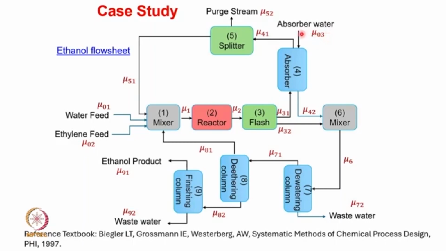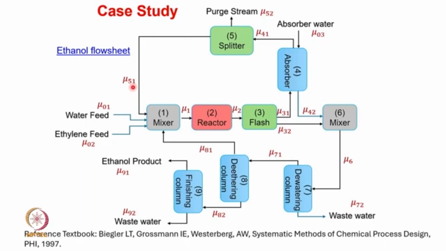The fresh water charged to the absorber unit has a molar flow rate of mu 03, and the vapor coming out from the absorber is then sent to the splitter unit, where some uncondensed gases and impurities are removed as a purge stream. The molar flow rate of that purge stream is mu 52, whereas the recycled stream is mu 51.